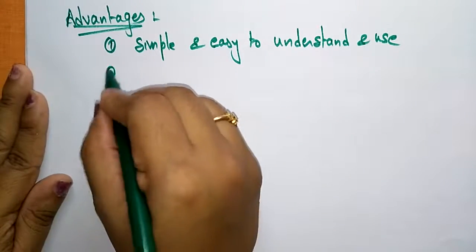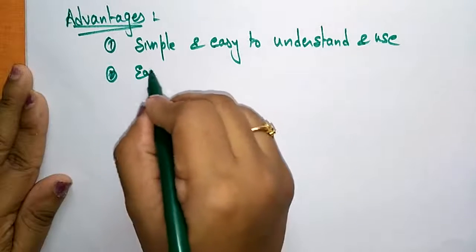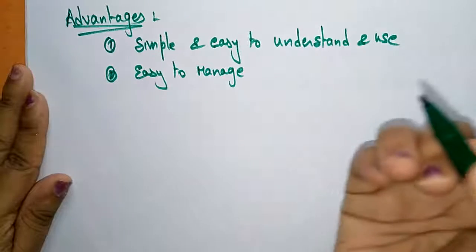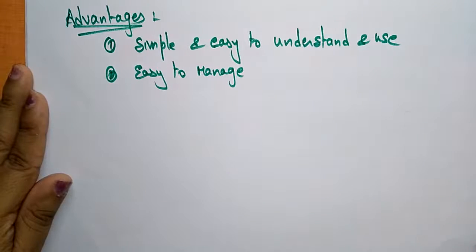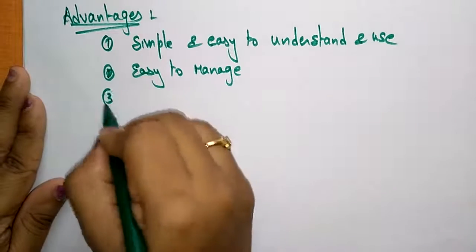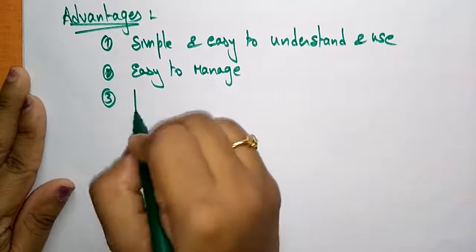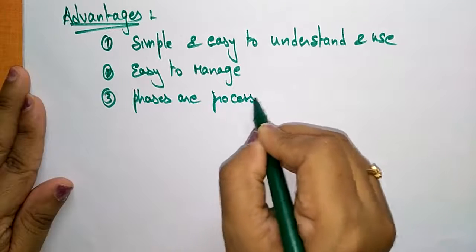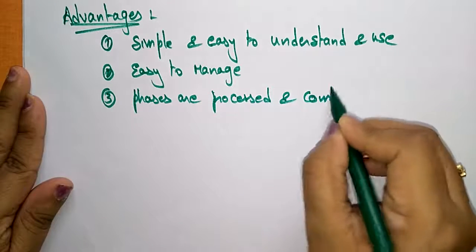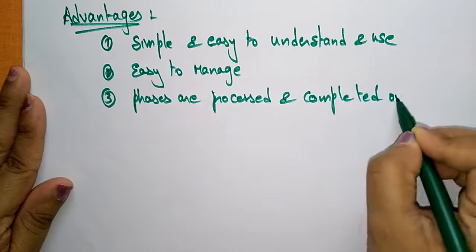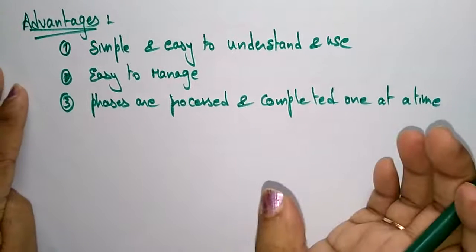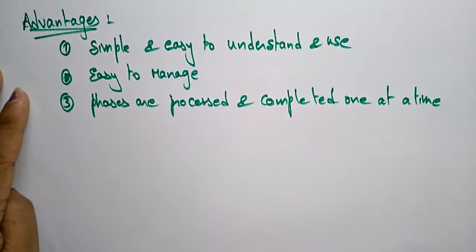Next, it is easy to manage, and each phase has a specific delivery and review process. Next, phases are processed and completed one at a time. Once one phase is completed, only then you go to the next phase.